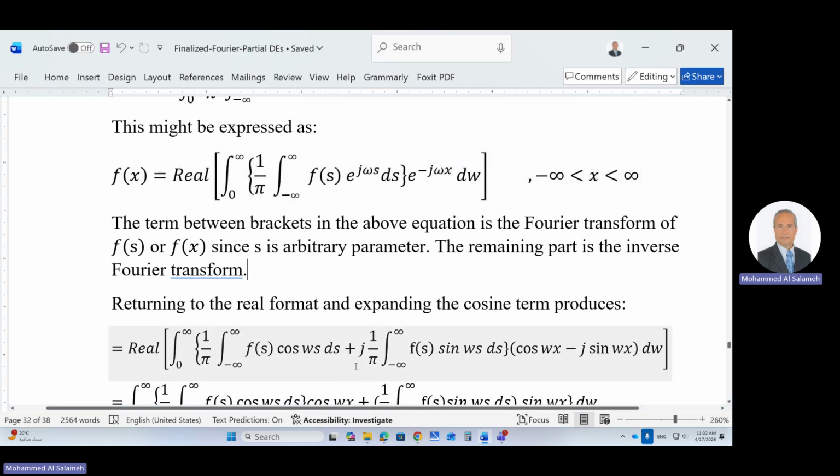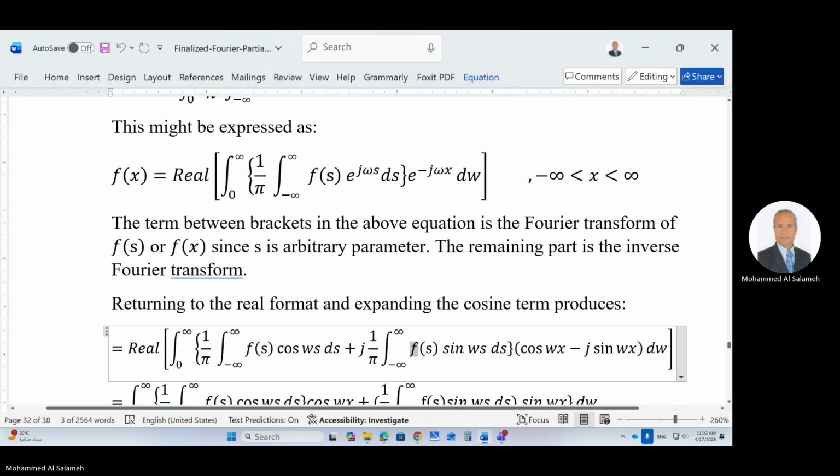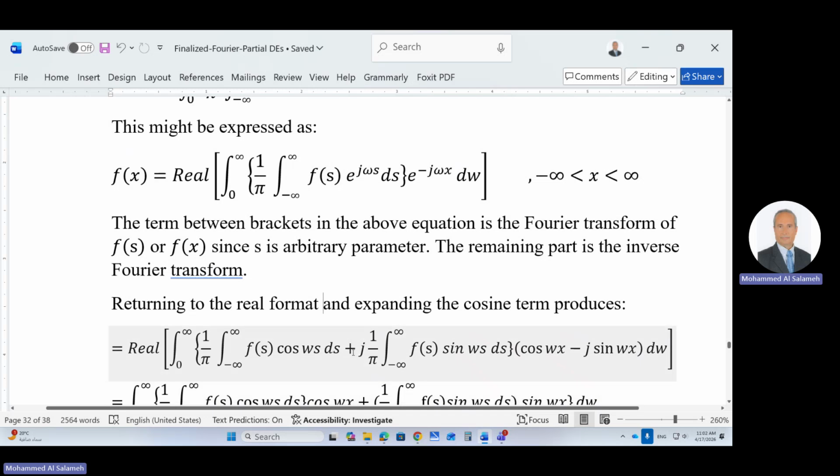So it is the integral from minus to plus infinity of f of s cosine omega s ds, plus j times 1 over pi, the same integral of f of s sine omega s ds.